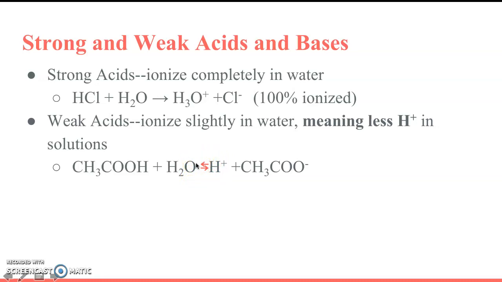This means that you have a relationship between our compound and our ions, so it's continually breaking down from the compound, our acid, to its related ions, and vice versa. These ions will then reform back into the compound, so there's always a little bit of compound, always a little bit of ions. We'll talk a little bit more about this symbol later on this year.